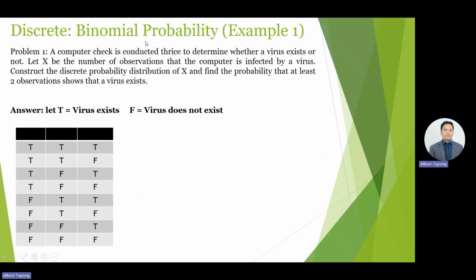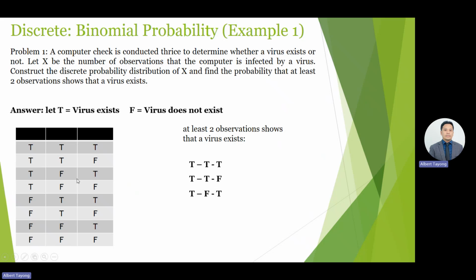Okay, so at least 2 observations means 2 or more. So 2 or 3 because we have only 3 checks. So it could be TTT. That's the meaning of at least 2. The second outcome, TTF, because you have 2 observations showing that a virus exists.